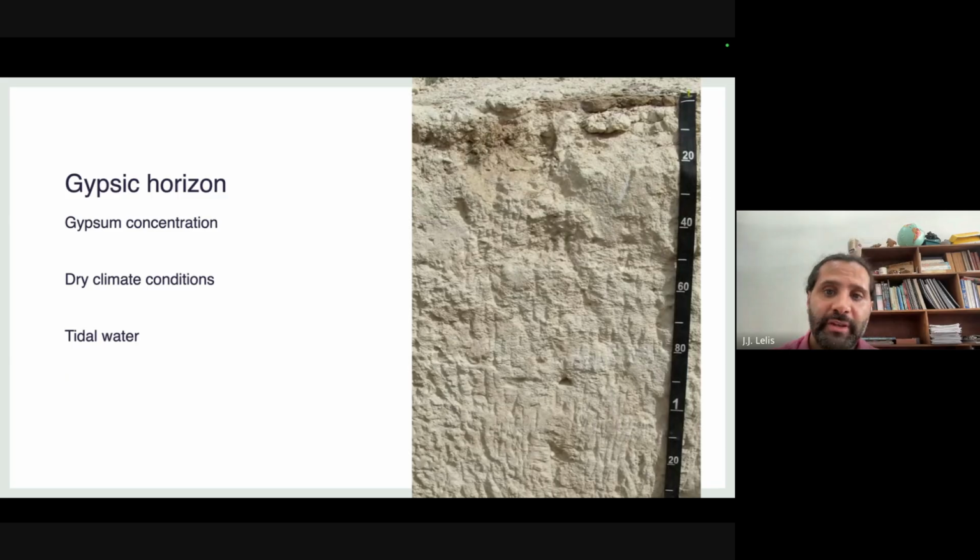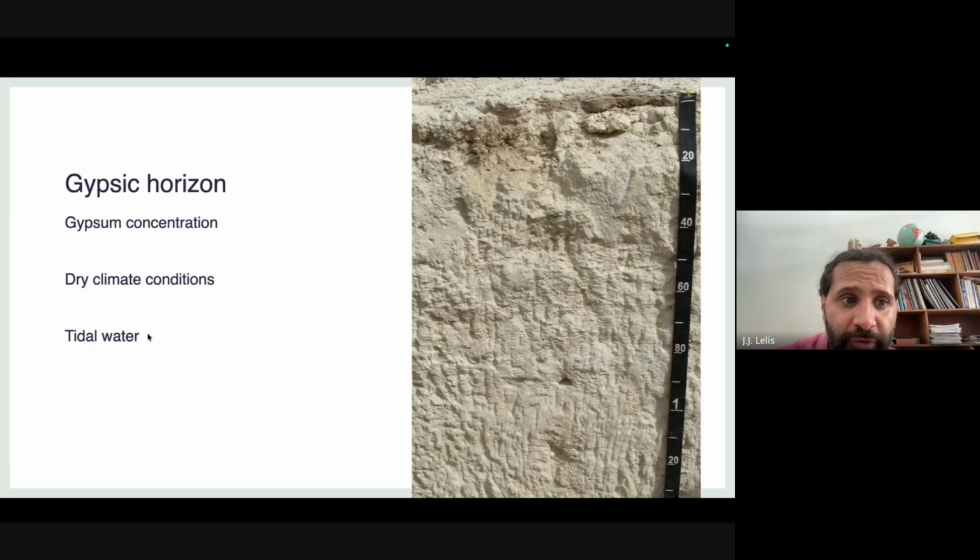So we know that at dry climate conditions, as arid and semi-arid conditions, we can concentrate high contents of sulfur, sulfate, calcium, and then precipitation of gypsum, okay? And gypsum registers a whitish color, as you can see here. So this soil profile is quite rich in gypsum, okay? So we have this whitish color.